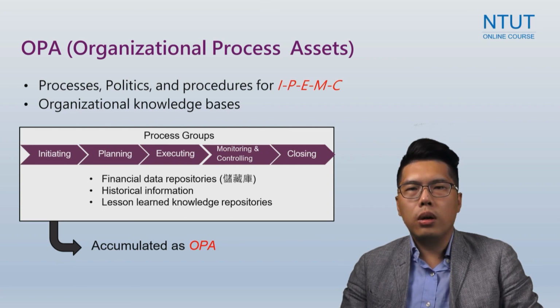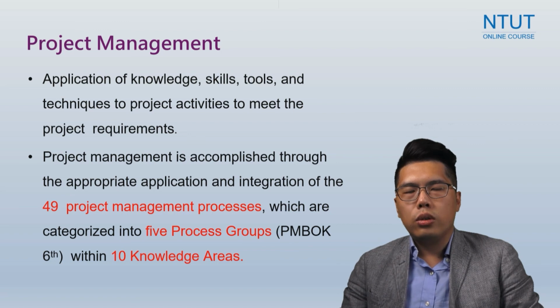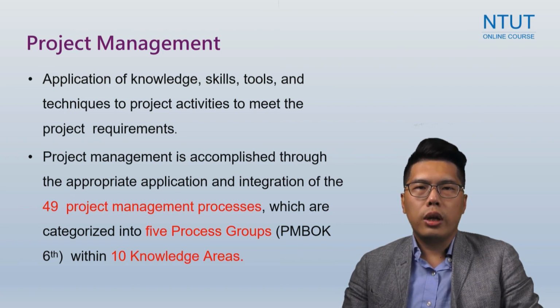So let's talk about the process groups, the IPEMC: the initiating, planning, executing, monitoring and controlling, and the closing. So let's have a short summary of the project management here. Project management is an application of the knowledge, the skills, the tools, and the techniques to project activities to meet the project requirements.